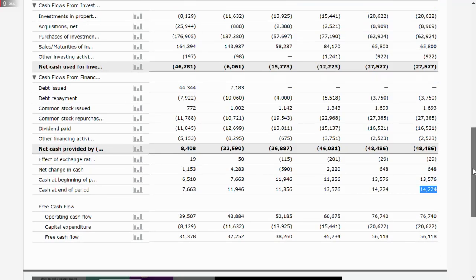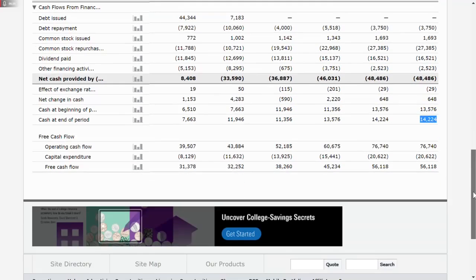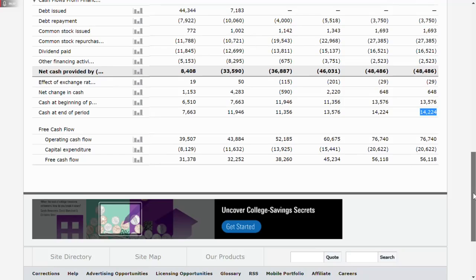Now we go on down further and we summarize everything in this area here. So value investors like to look at the summary of free cash flows because it kind of gives you an idea of how much money was brought in, operating cash flow.